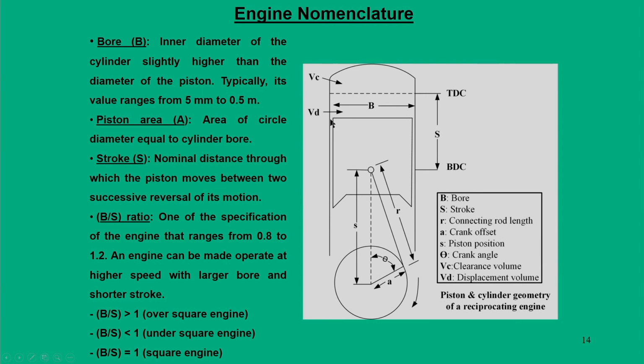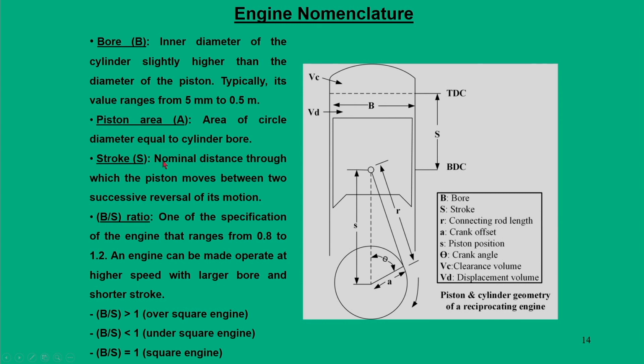The piston and cylinder dimensions are adjusted with a very small tolerance so that the piston can move smoothly within the cylinder. Typically, the bore diameter is in the range of 0.5 mm to 0.5 meter. Since the cross section is circular, the piston area is the area of a circle with diameter equal to the cylinder bore.